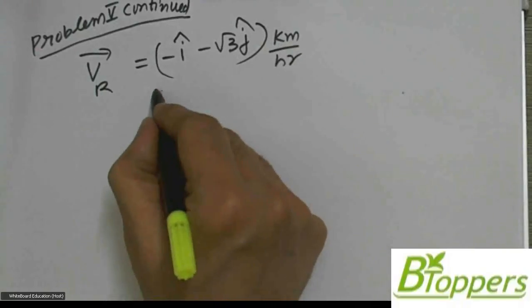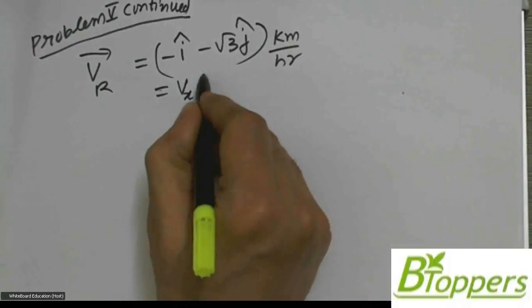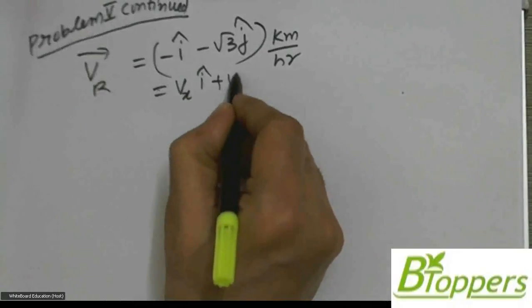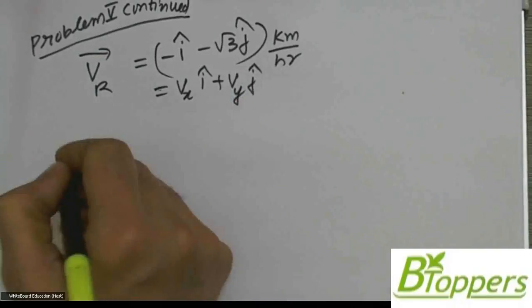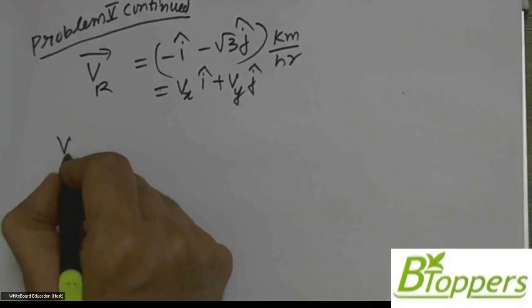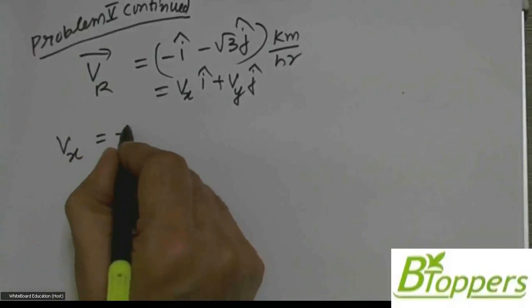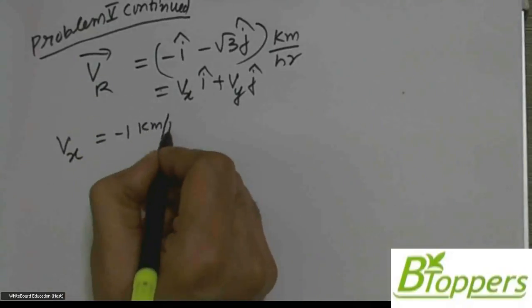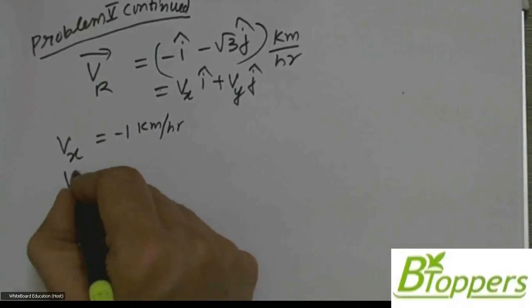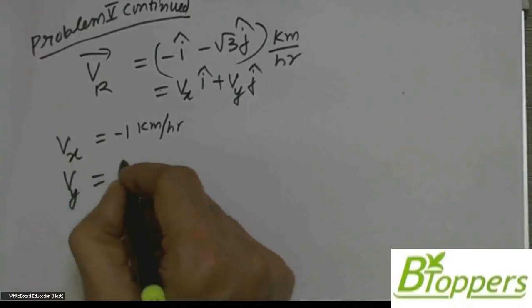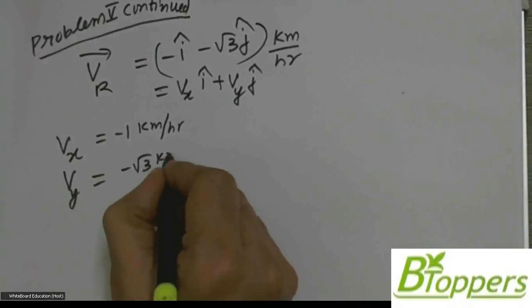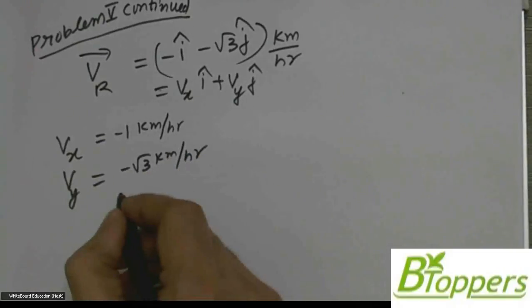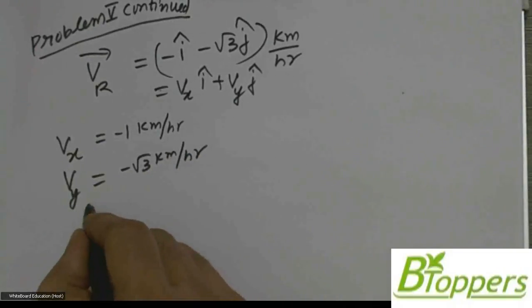So the actual velocity of the raindrops, written in the standard form, is Vx i cap plus Vy j cap. Vx is the x component of the velocity, that is equal to minus 1 kilometer per hour. Vy is the y component of the actual velocity of the raindrops, that is equal to minus root 3 kilometer per hour.